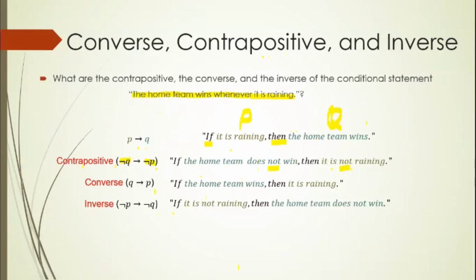And then the inverse: if not P, then not Q. If it is not raining, then the home team does not win. So that is how we make a conditional statement, a converse, a contrapositive, and an inverse.